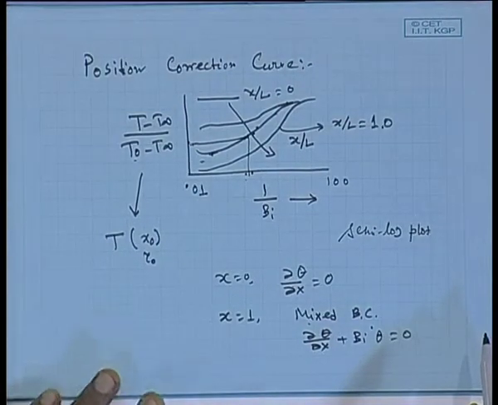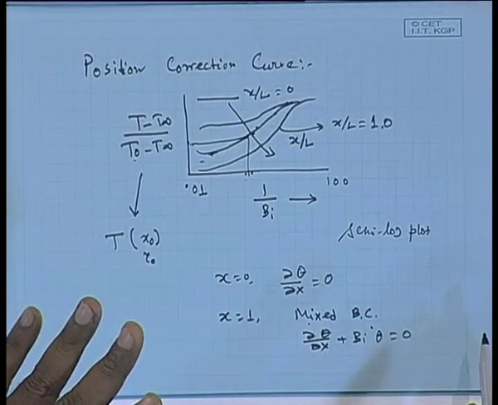So, my suggestion is do not use Heisler charts at all. There is absolutely no point. This is an old method. If you know the solution correctly, the analytical solution gives you the correct solution, the exact solution. So, use that, you know the method how to solve these problems. Derive, get the solution.